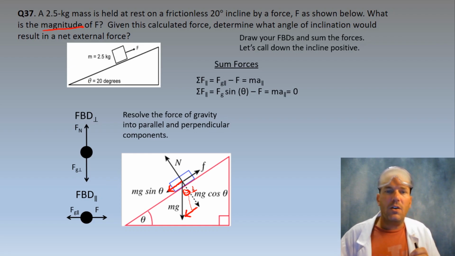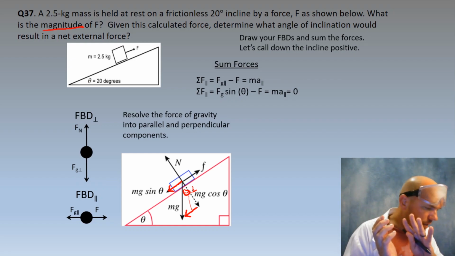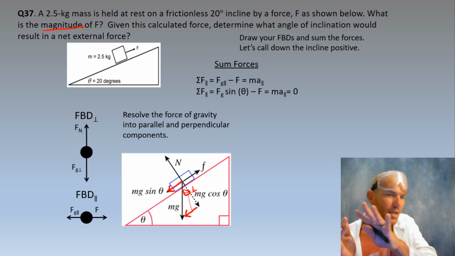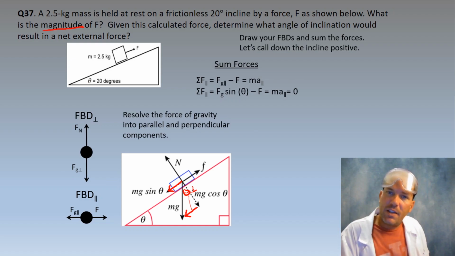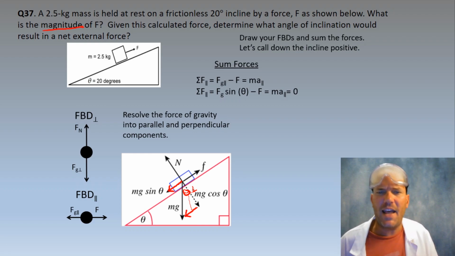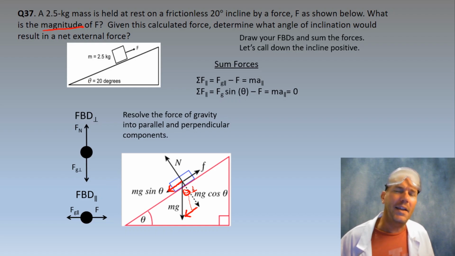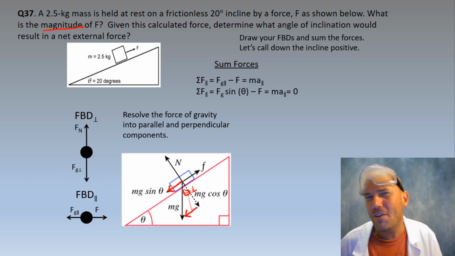Parallel, we're going to call, in this case here, the direction of the acceleration down and parallel the incline positive. So we're going to actually say that the force of gravity multiplied by the sine of theta minus this applied force is equal to the mass multiplied by the acceleration parallel.